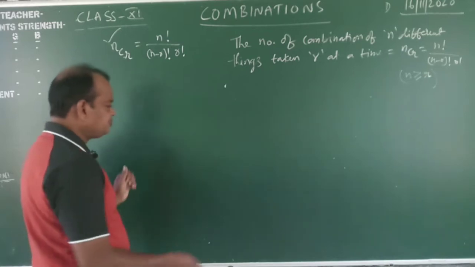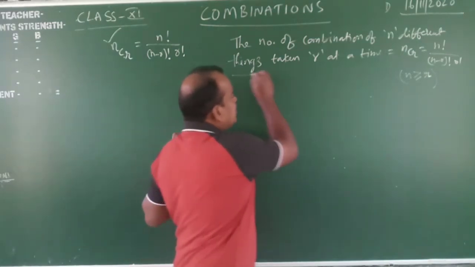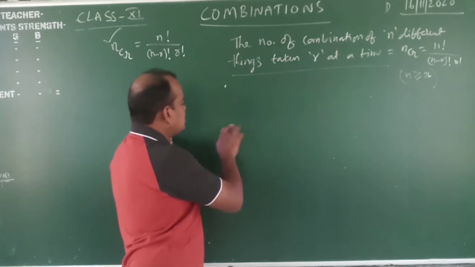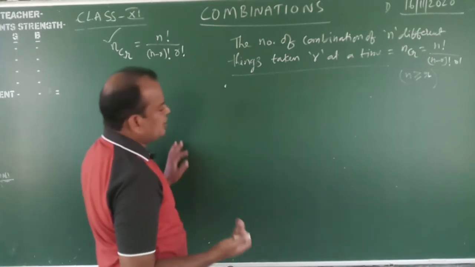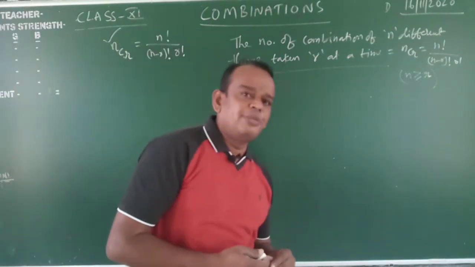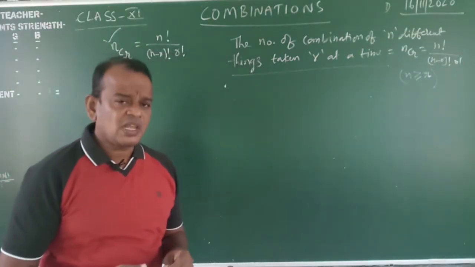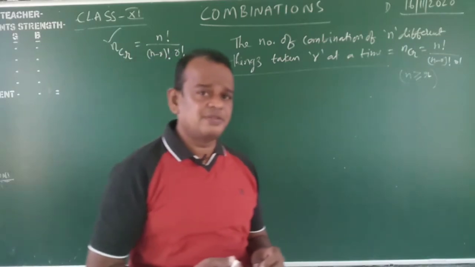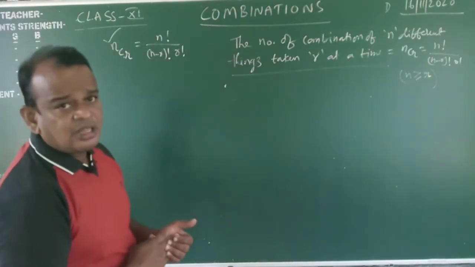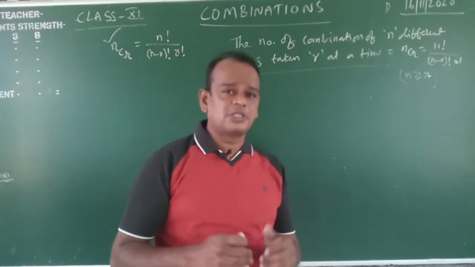Suppose, simply observe that. First, what is going on: the number of combinations. The total number of combinations of n different things taken r at a time is, suppose, x.